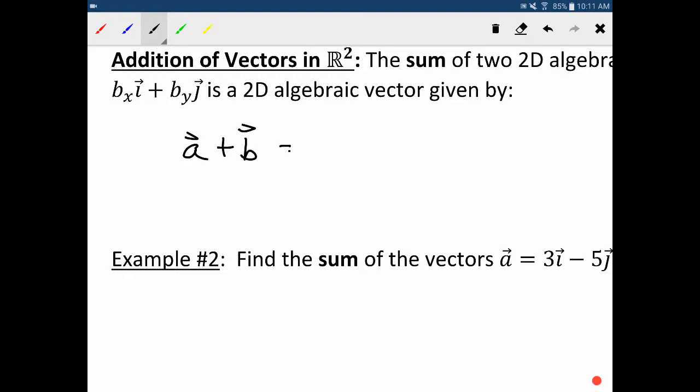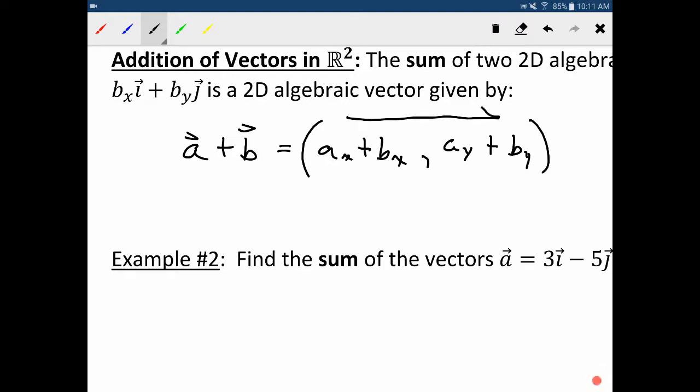All you have to do is take the two components. You take the x component of A and add it to the x component of B, and then we do that with the y's: the y component of A plus the y component of B.